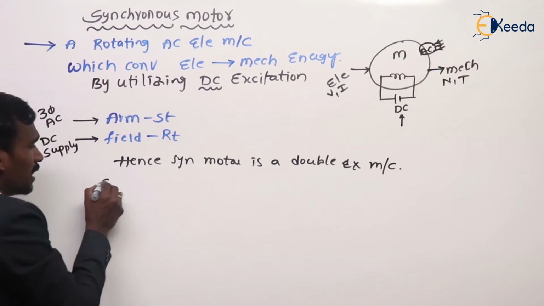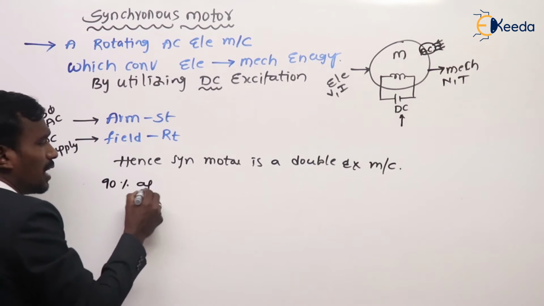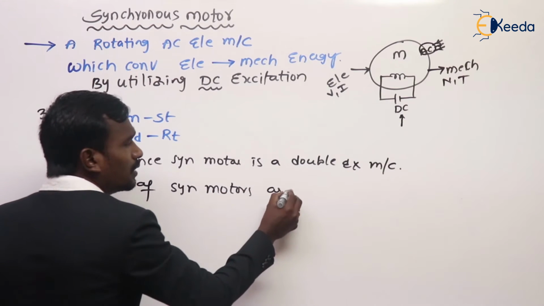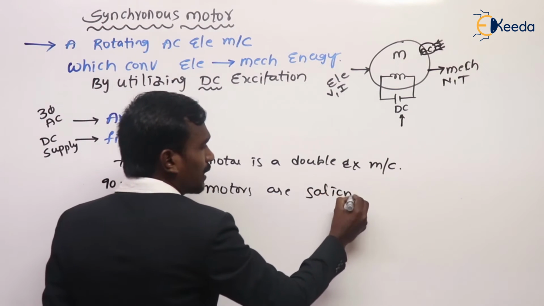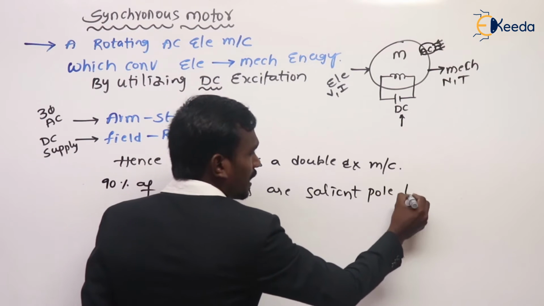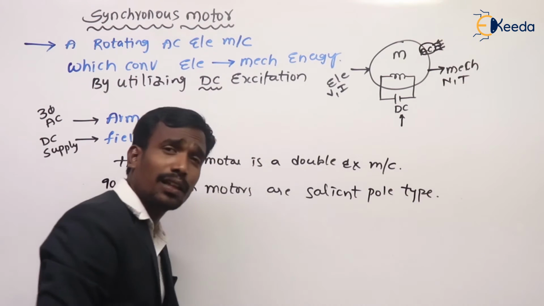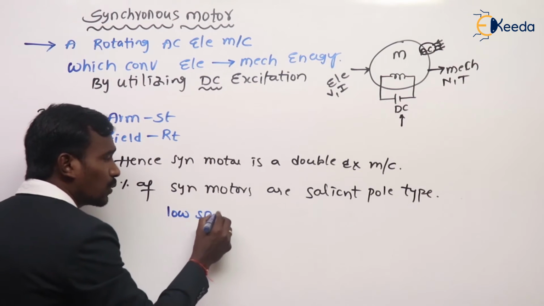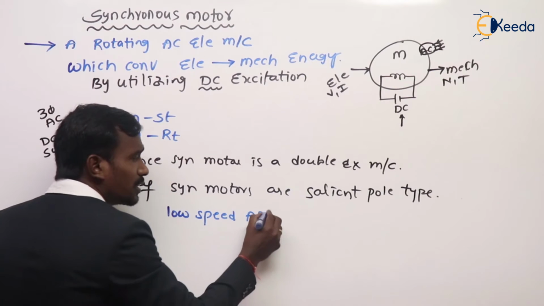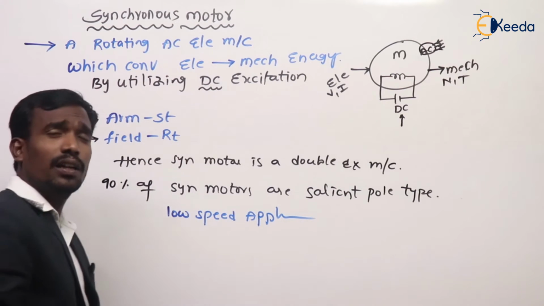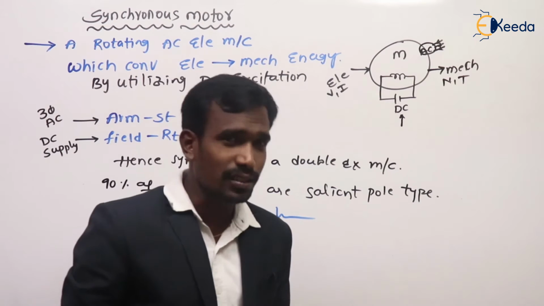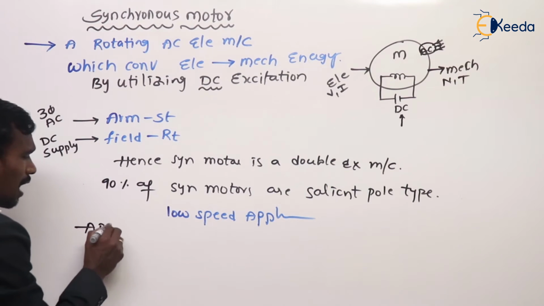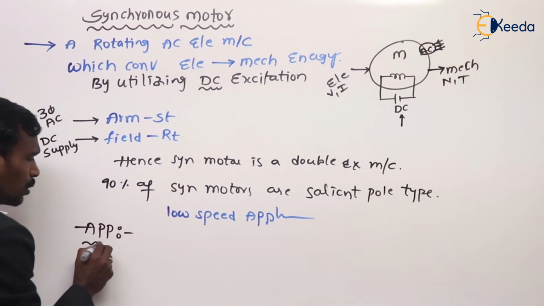Generally, 90% of synchronous motors are salient pole type only. Salient pole types are used for low speed applications only. So if they ask you a question, what are the applications of a synchronous motor?